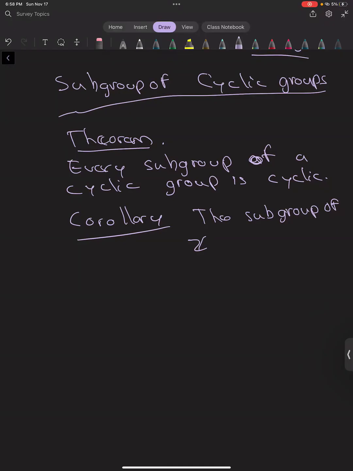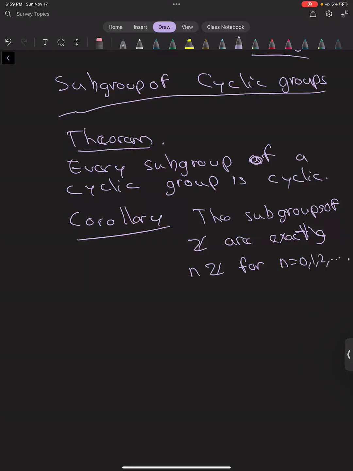The subgroups of the integers are exactly nZ for n equals 0, 1, 2, and so on.